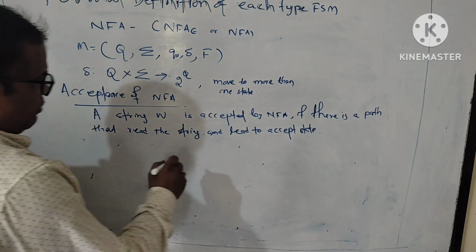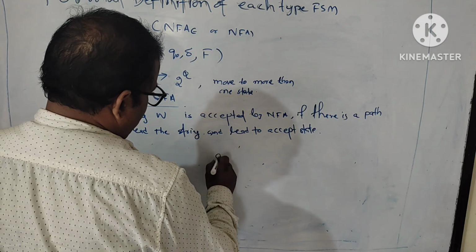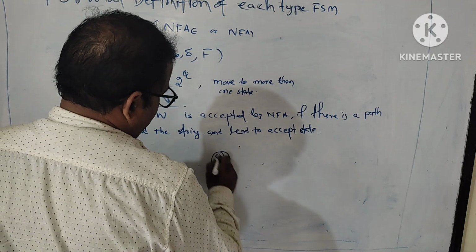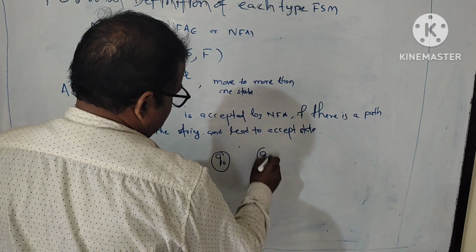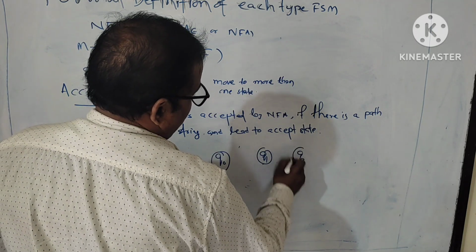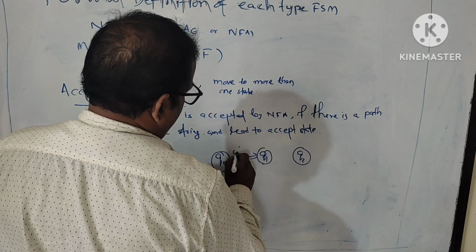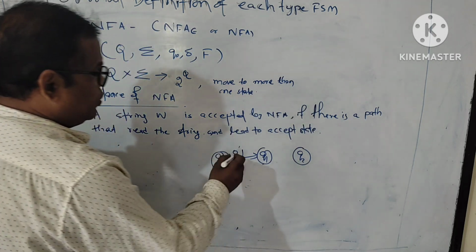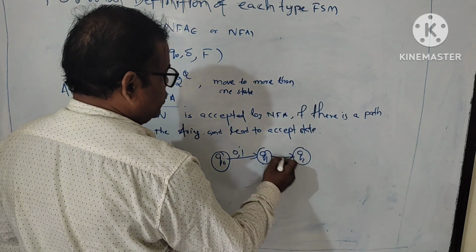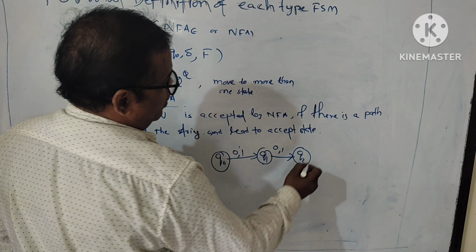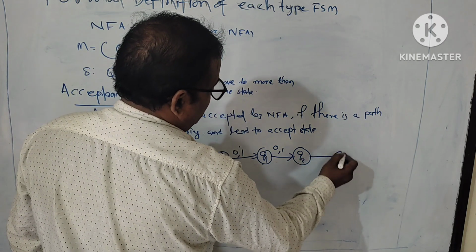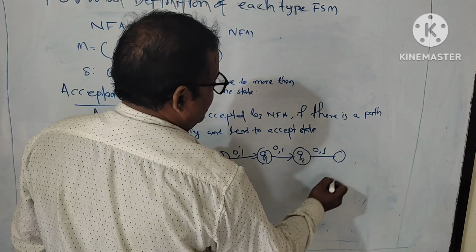So let us take an example. What is this idea I am talking about? Suppose you are in a state like this. Let us read 0 or 1 here, and one more move here, 0 or 1.